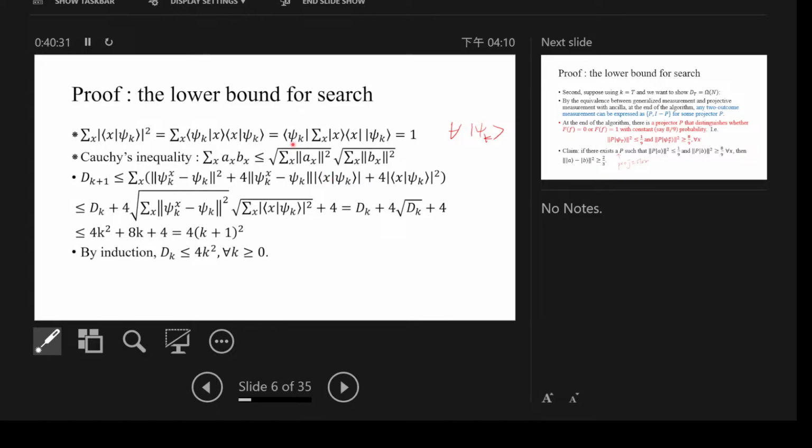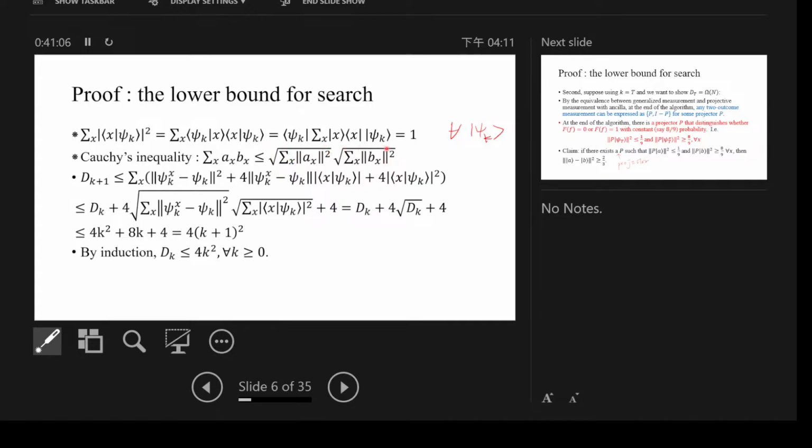This requires some thinking, but we have the solved result here. We have sum over x of ax bx is less than or equal to, so we think about ax as a vector indexed by x and bx as a vector indexed by x, so this is the inner product between a and b, then it's less than or equal to the norm of a times the norm of b. The norm of a is the sum over x of the absolute value of ax squared, then take a square root.